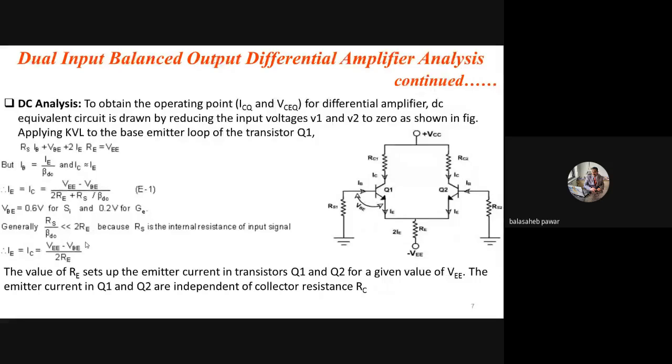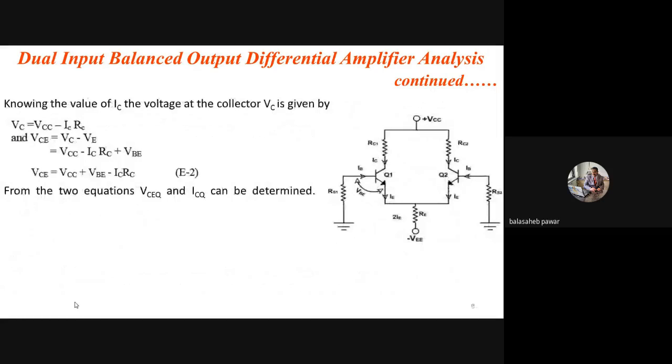Okay. So knowing the value of IC, the voltage at the collector VC can be determined as VC equals VCC minus IC RC. It's such a simple thing. How much will be the voltage at the collector terminal of the transistor? It will be VCC minus the drop across RC. And VCE is nothing but the voltage at the collector with respect to the emitter, that means VC minus VE.